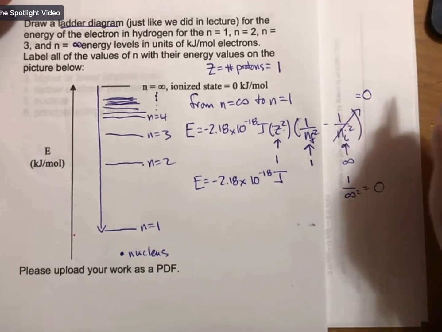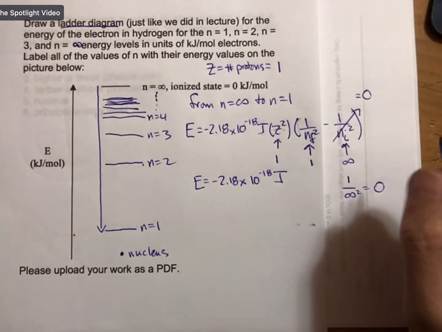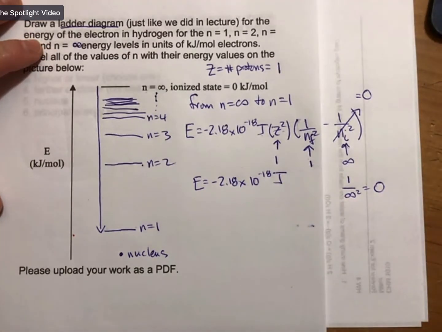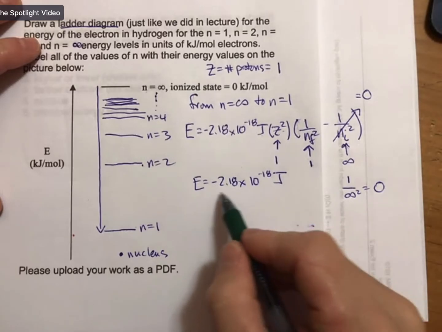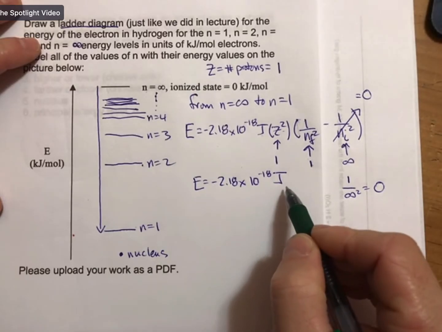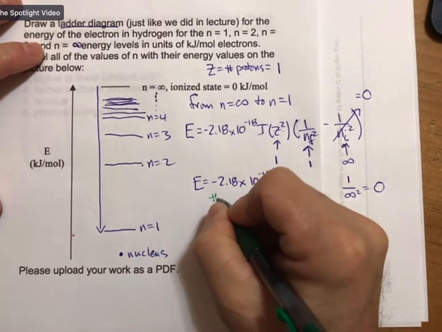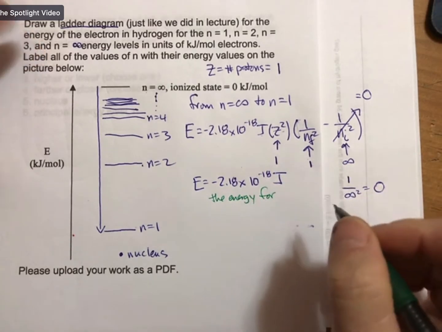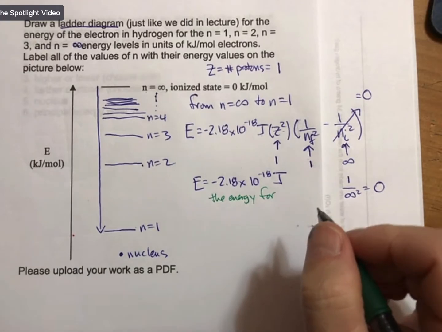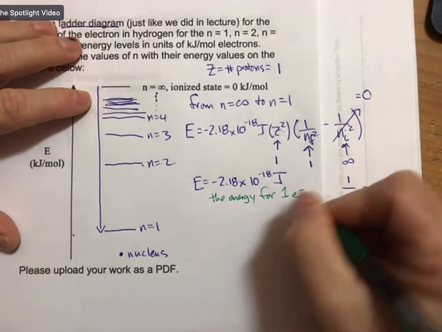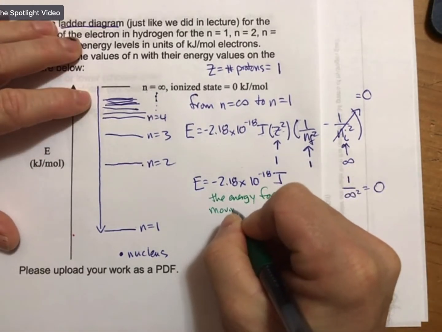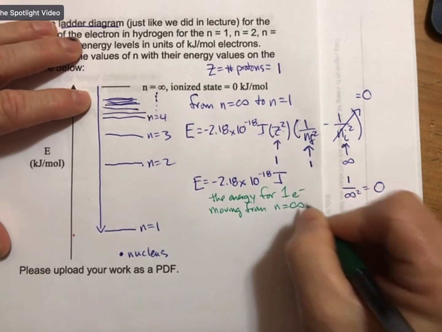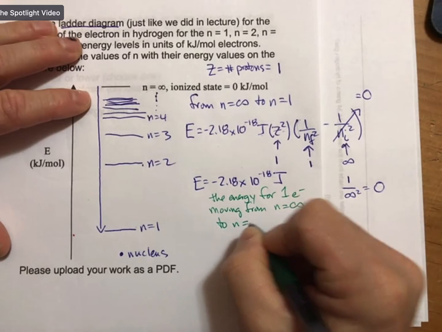Okay. Well, if you do, jump in anytime. So here we go. The next thing is that this amount of energy is the energy for one electron moving from n equals infinity to n equals 1.